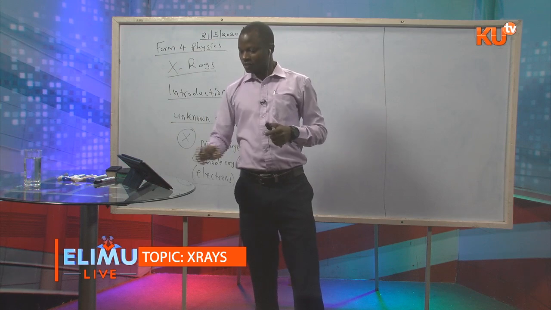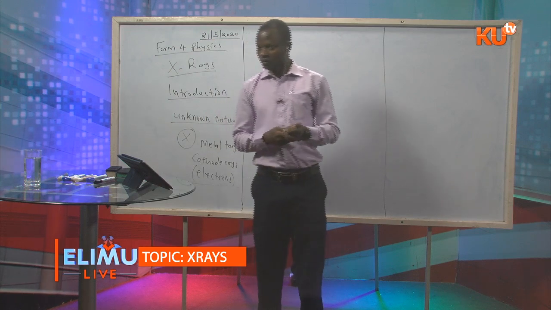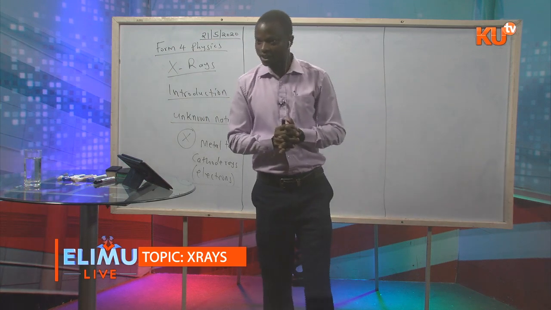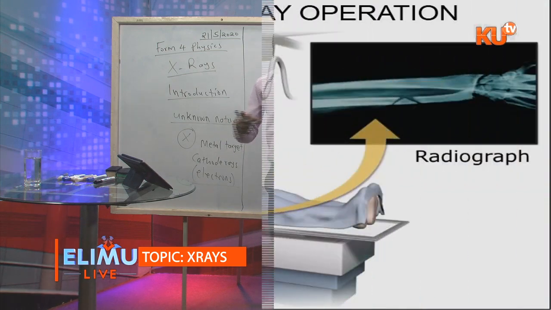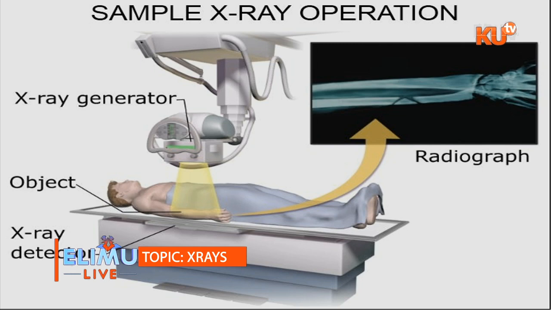And if you look at the next one, that is what happens if you visited a hospital today for an X-ray operation. You will realize you are like this guy, there's an operation on the hand. So that hand becomes the object. Then there's the X-ray generator there, which is a machine. Then there's the X-ray detector. What happens?